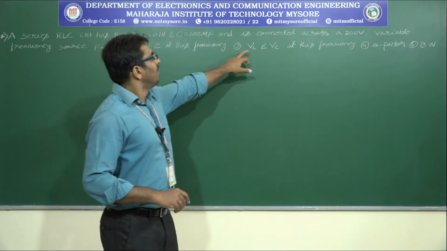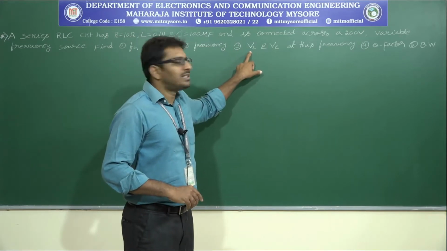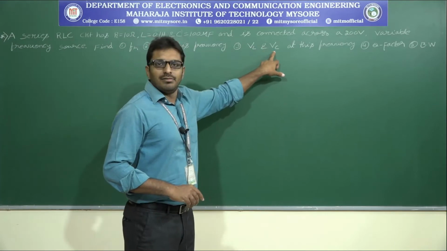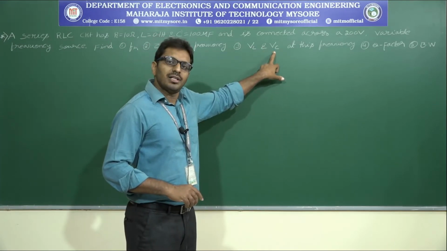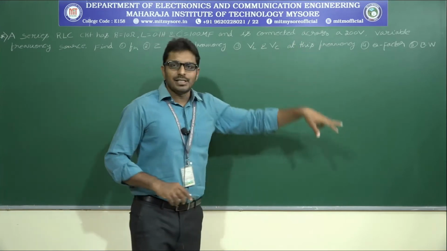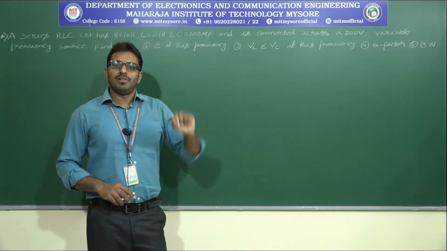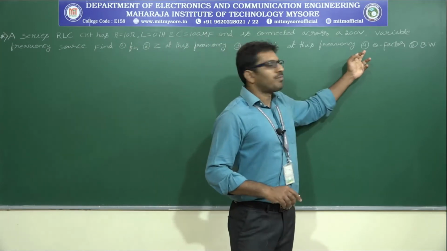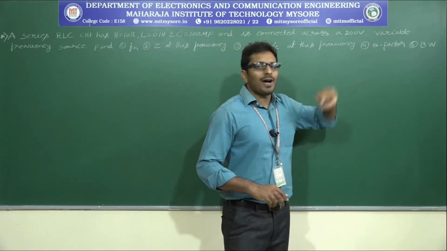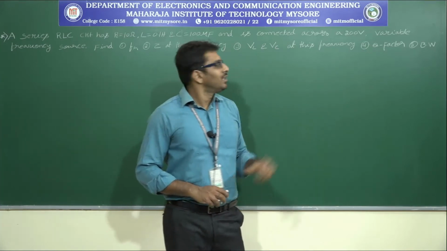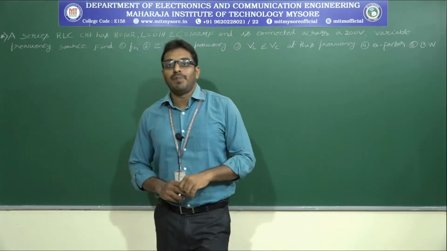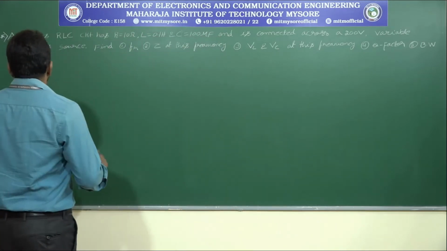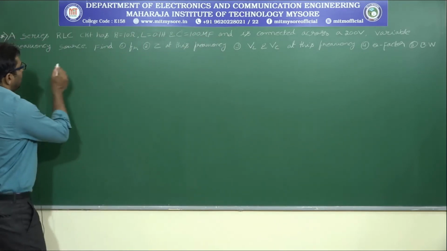Third one is VL, the voltage across the inductor, and VC, the voltage across the capacitor, again at resonance frequency. The fourth sub question is the Q factor, quality factor, and the last part of the question is bandwidth. Is it clear? Now, first let me write the given data.